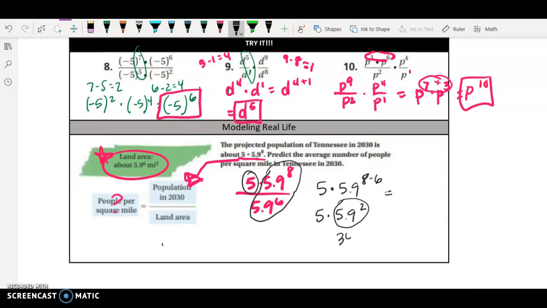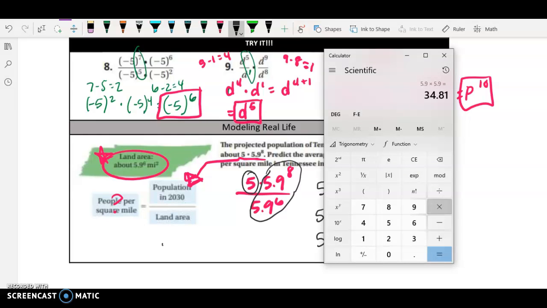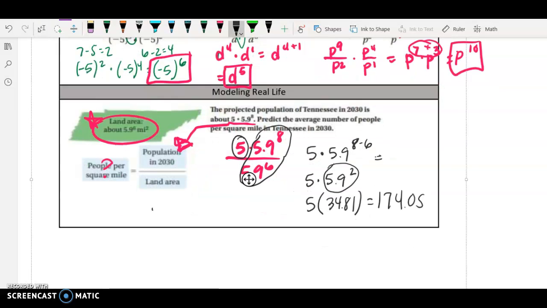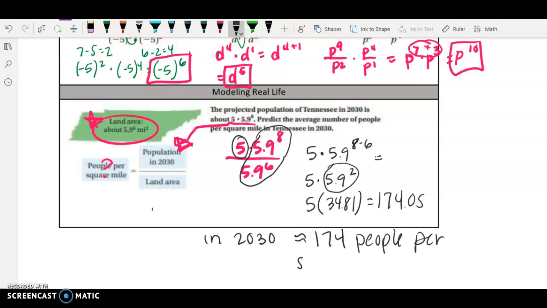So we have 34.81 times 5, and we get 174.05, which means that in 2030, there's going to be about, remember the symbol means about, 174 people per square mile.